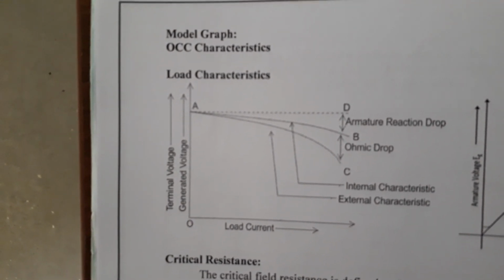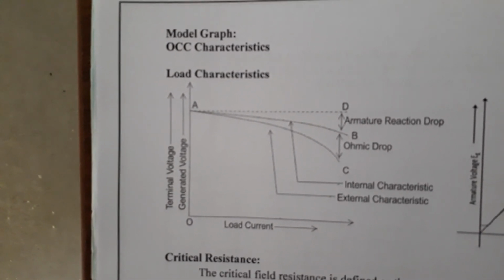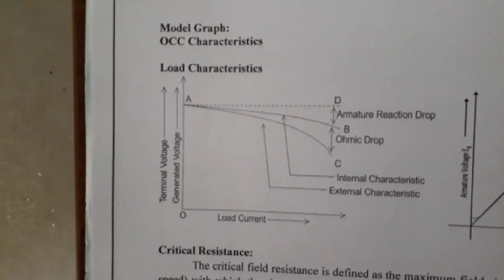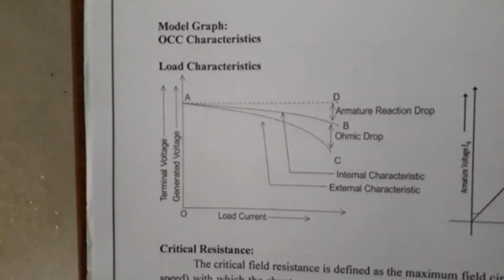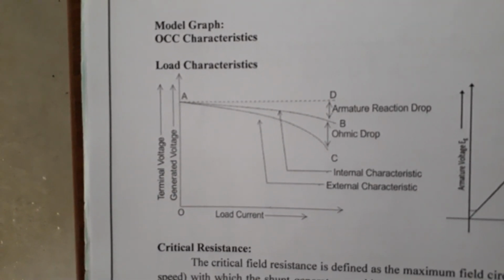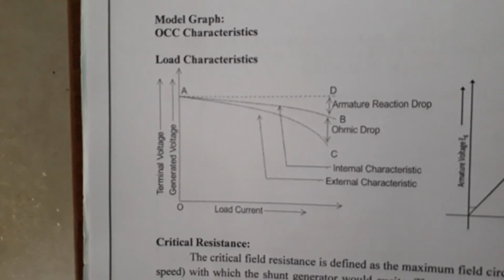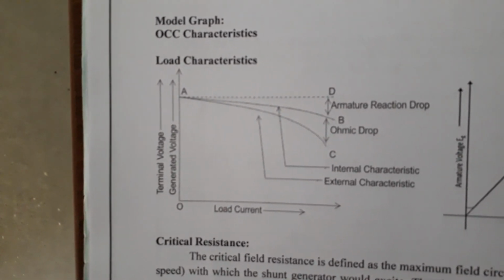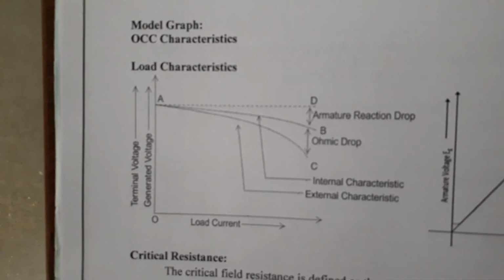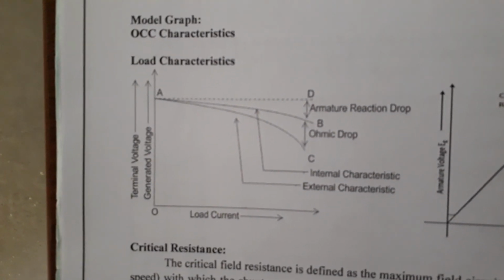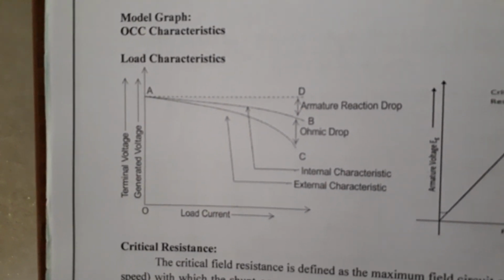You see that if the load current keeps on increasing, then your internal characteristics as well as your external characteristics are dropping, right? You have two different drops. One is the armature reaction drop, and the other one is the ohmic drop.